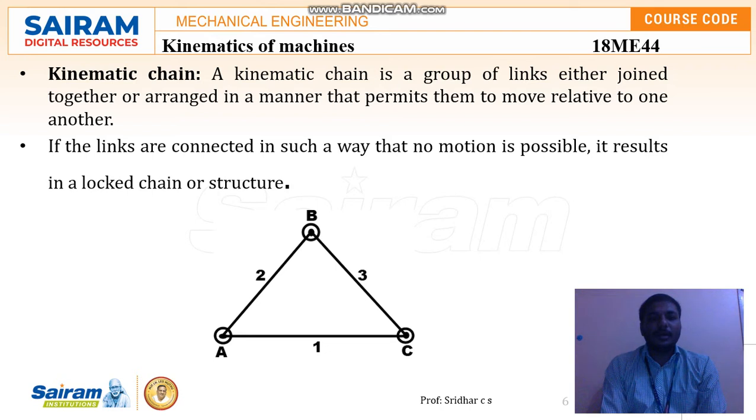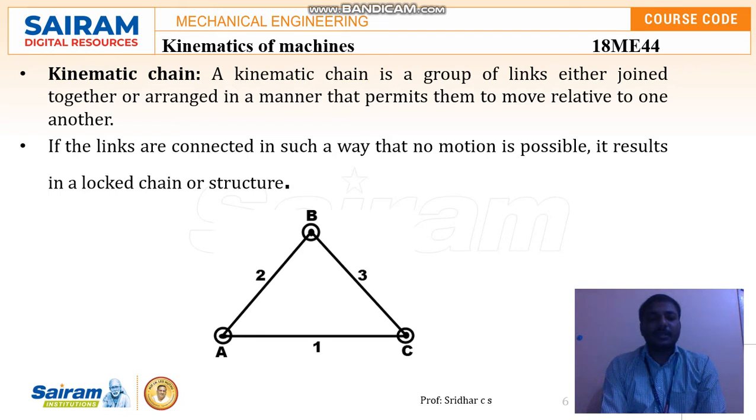All the links put together we call a kinematic chain, all the chains put together we call a mechanism, and different mechanisms put together form one complete machine. This is how motion can easily be transmitted from one form to another.